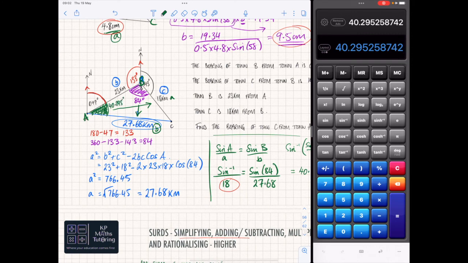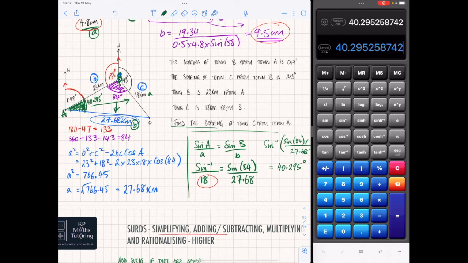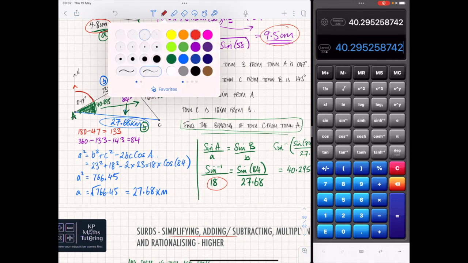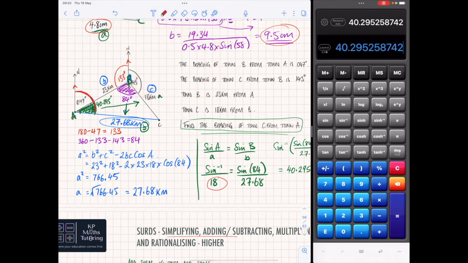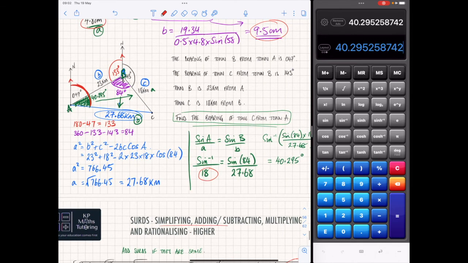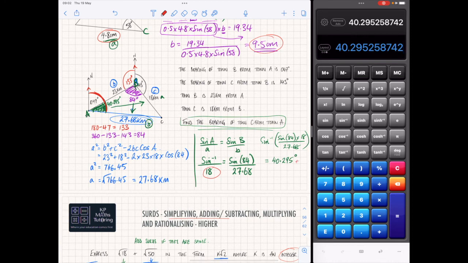And then finally, because the question is actually asking you to find the bearing of town C from town A, what you actually need to do is add that red part to that green part. So you're doing 40.295 plus your 47 that we've already got in that top corner.